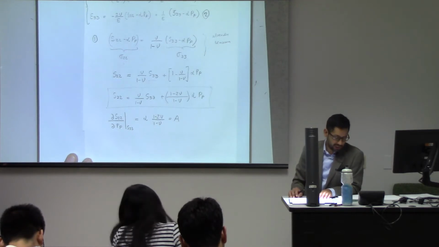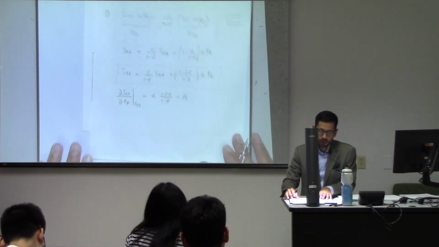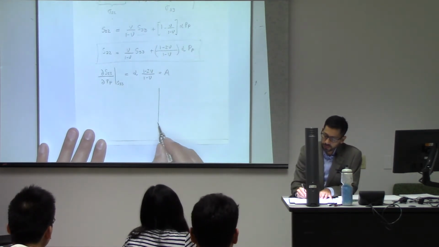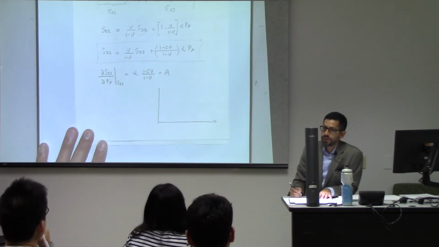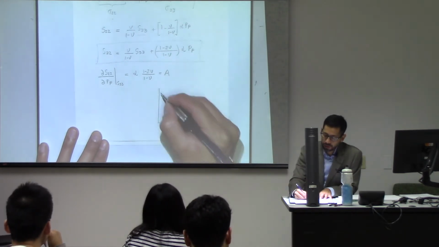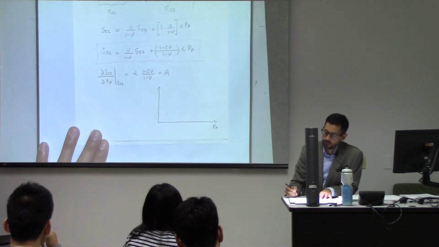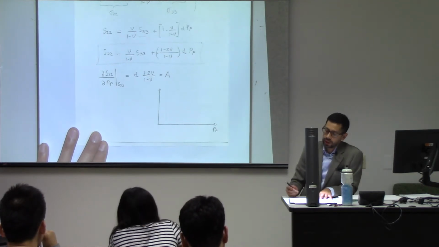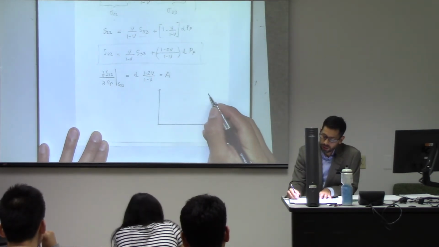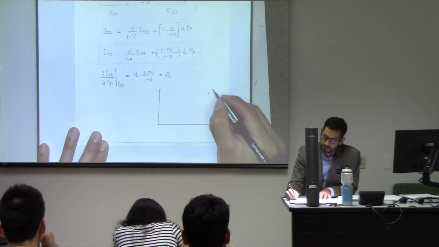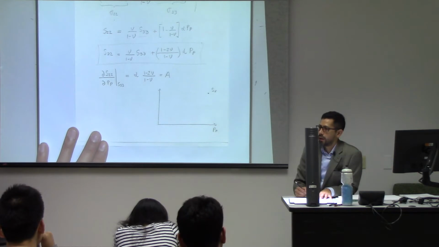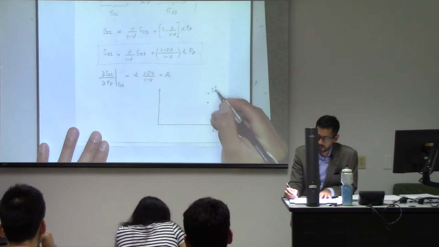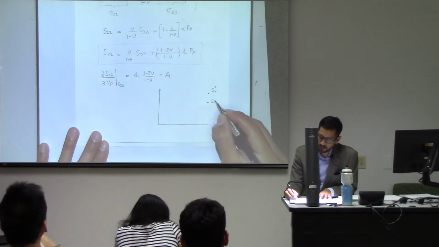So let me tell you physically what that means. What this means is that if we were to plot what is called a total stress plot versus pore pressure, so this is pore pressure, here we have total stress, and let's say that we start in a given location with an initial vertical stress somewhere over here, and let's say that the horizontal stresses are lower than the vertical stress, and they start somewhere over here.